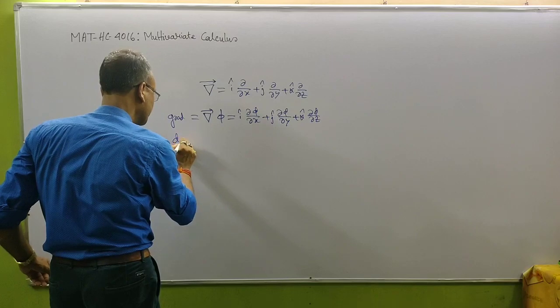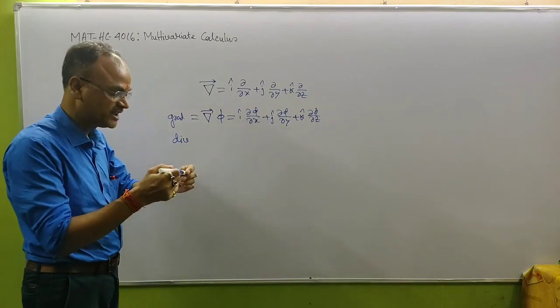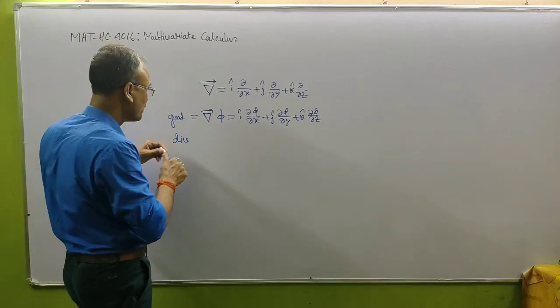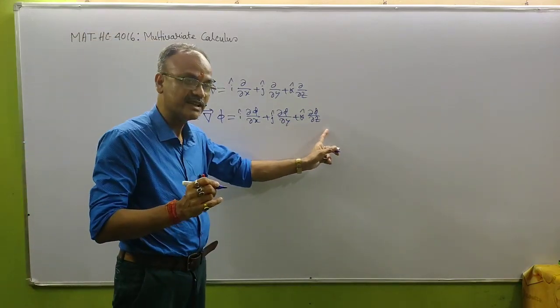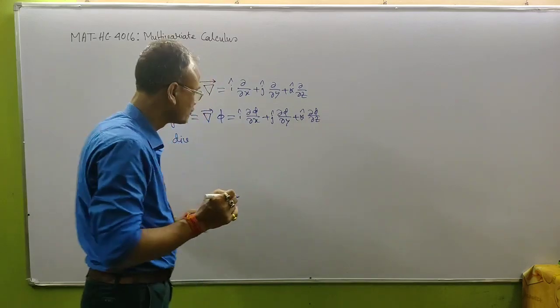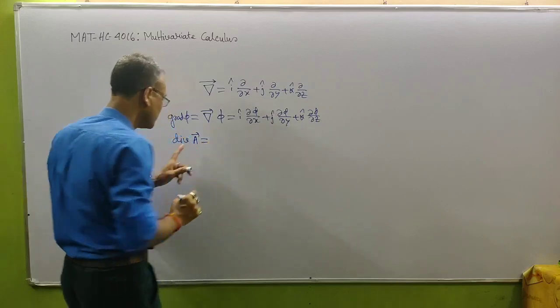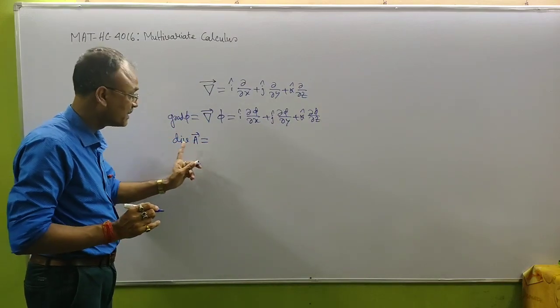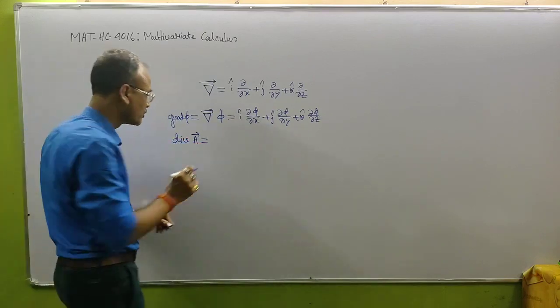And the divergence of a vector point function. You see that the gradient of a scalar point function is a vector point function. And divergence, suppose A is a vector point function. Divergence of a vector point function will be a scalar point function.